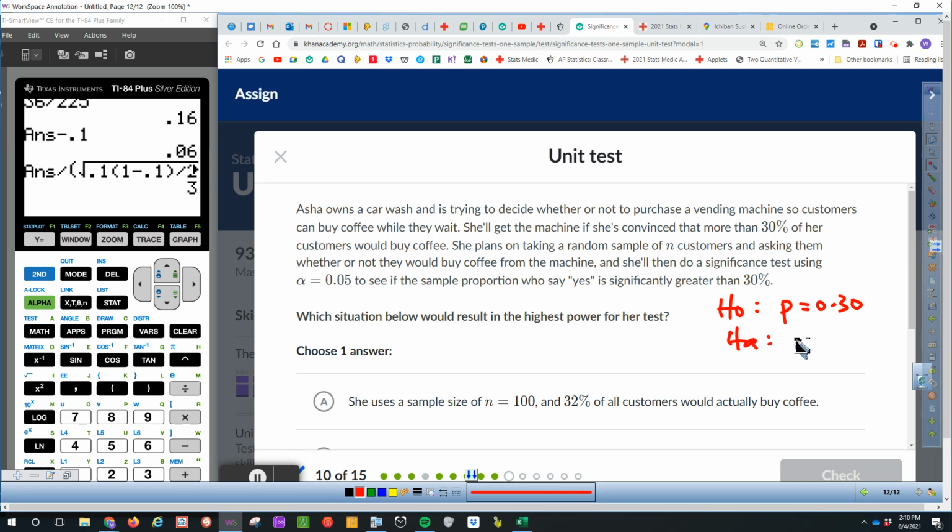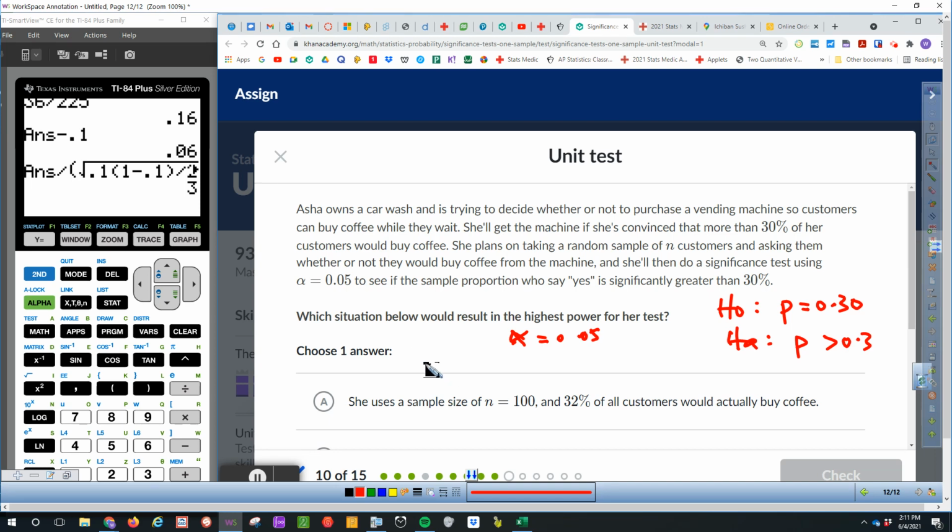The alternate hypothesis is that there's more than 30%. She's planning on asking them, and the alpha is 0.05. Now, alpha is actually the type 1 error.